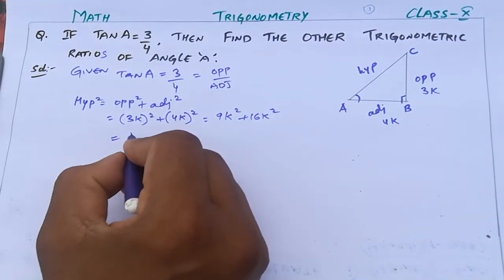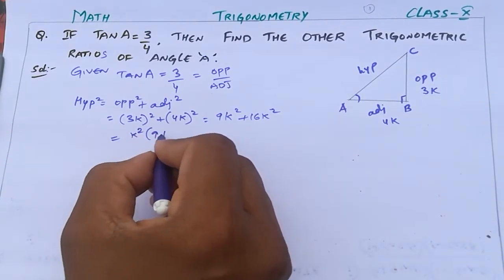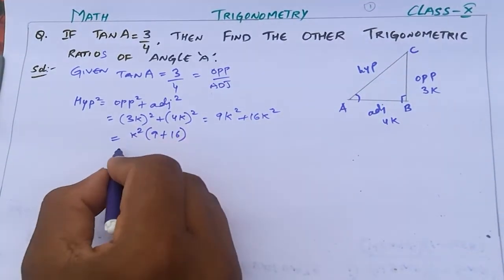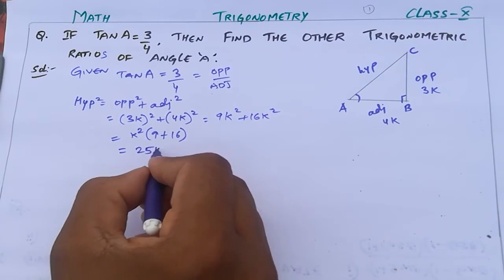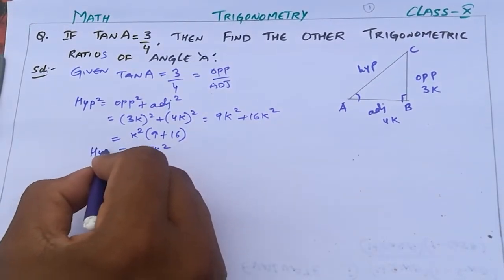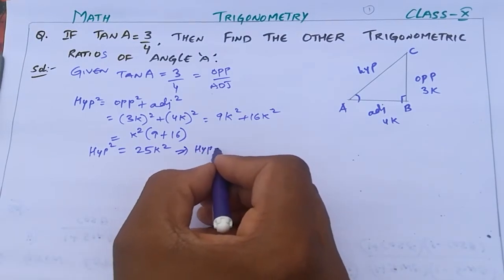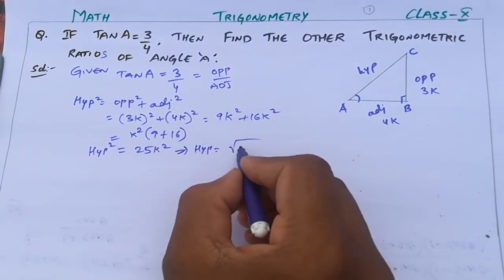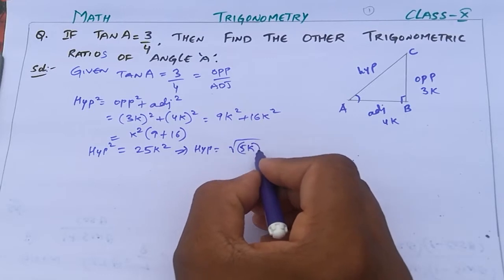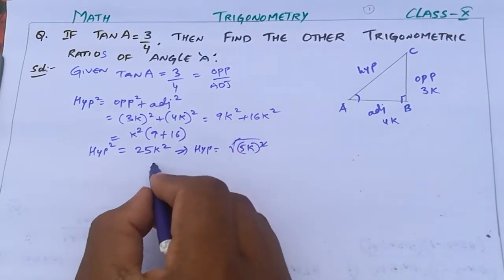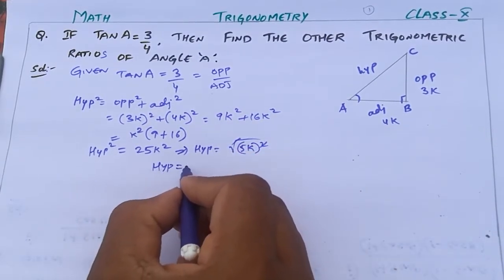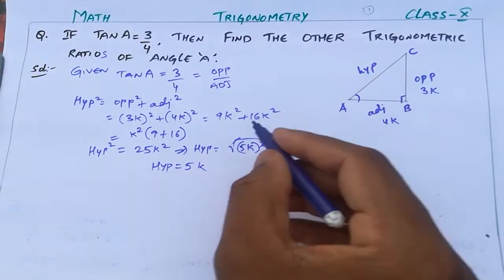If you take k square common, you can write 9 plus 16, which gives 25. So 25k square. This is the square value. If you need the hypotenuse value, take the square root. 25 I am writing as 5 square. So 5k whole square, square root cancels, we get hypotenuse equal to 5k, which is nothing but the AC value.